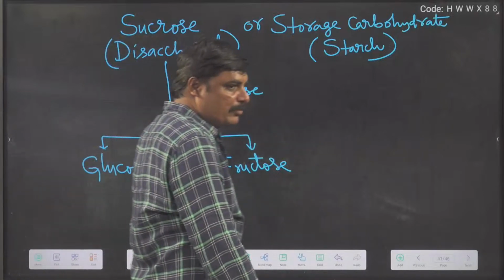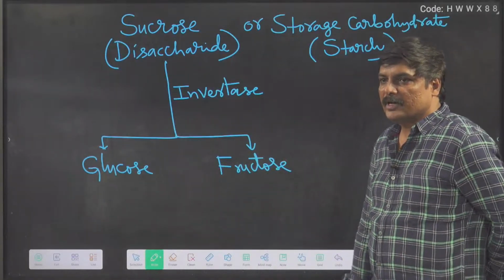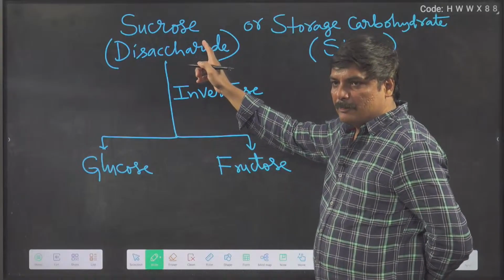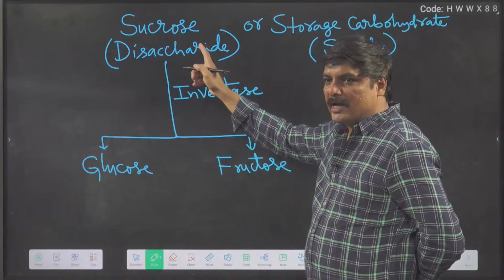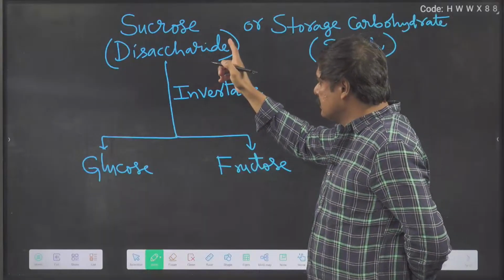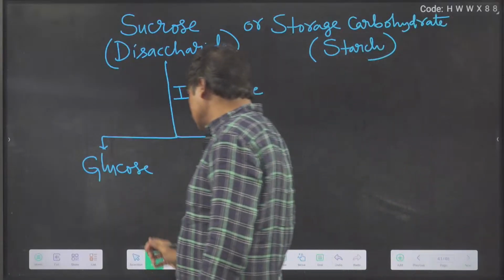Sucrose, the end product of photosynthesis in plants, is a disaccharide. This disaccharide splits into two monosaccharides.